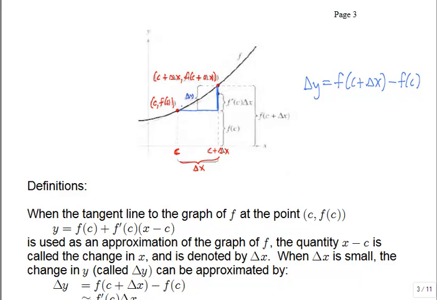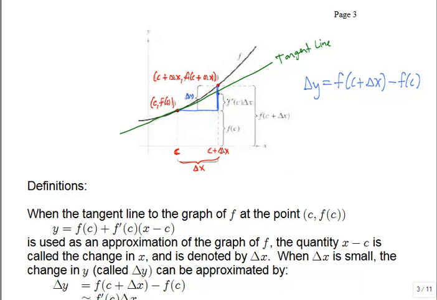Now what you can see, and it's a little faded again, is a tangent line going through that good point. And instead of actually computing this f of c plus delta x minus f of c and finding that actual second red dot, what we're going to do is use this tangent line to approximate the curve.